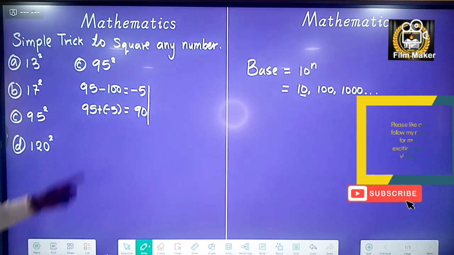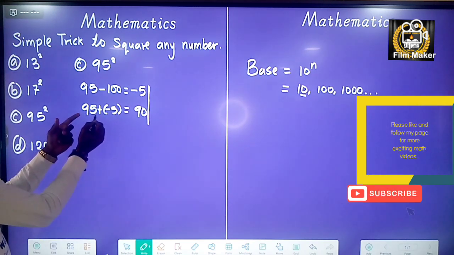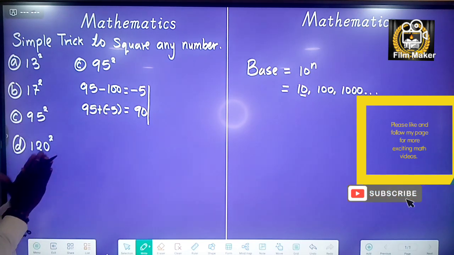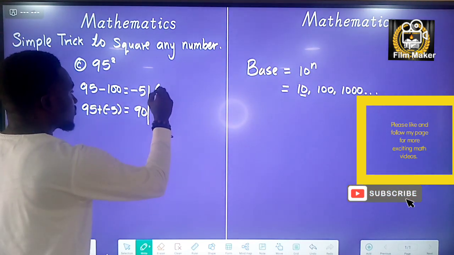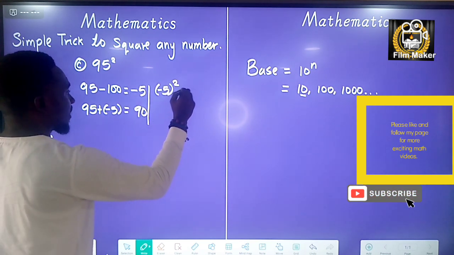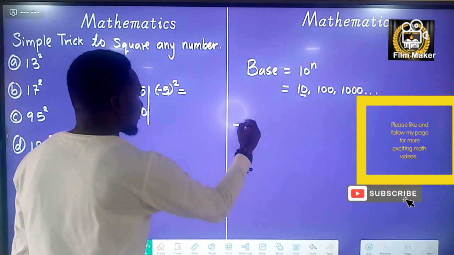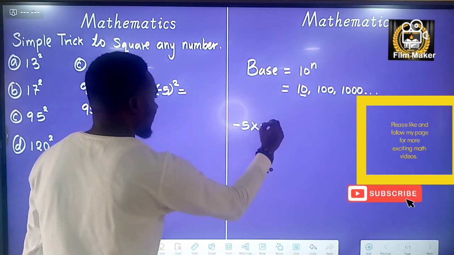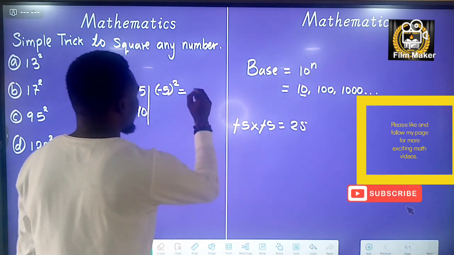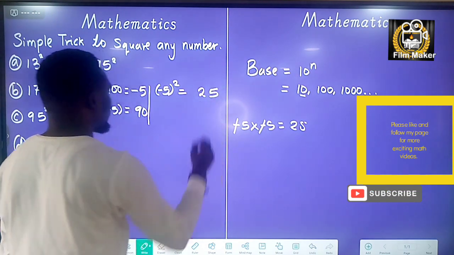Are we together? Because this minus will eliminate this plus, so it will be 95 minus 5, and you have 90. Now at this point, mind you, I need to put it in bracket because it's carrying negative, all squared. Is that okay? That means negative 5 times negative 5. Negative will cancel itself, so your answer is 25.